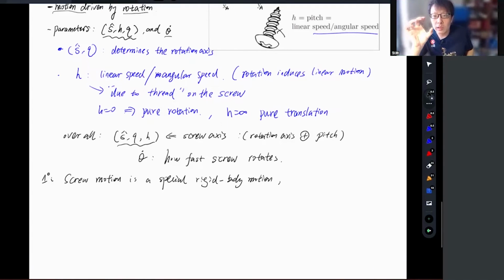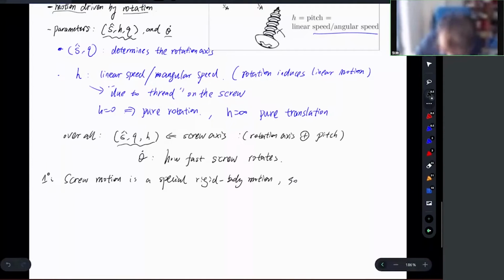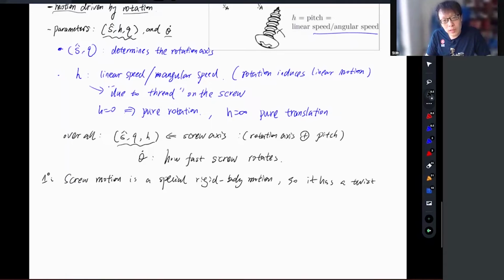Screw is a rigid body, and its motion is a rigid body motion. So it has a twist, so we can describe the speed in terms of twist language, right?